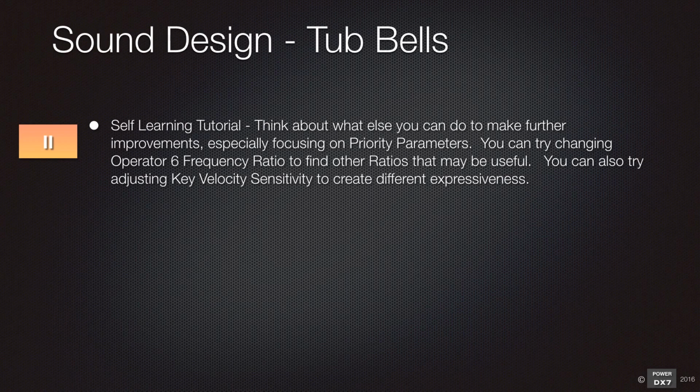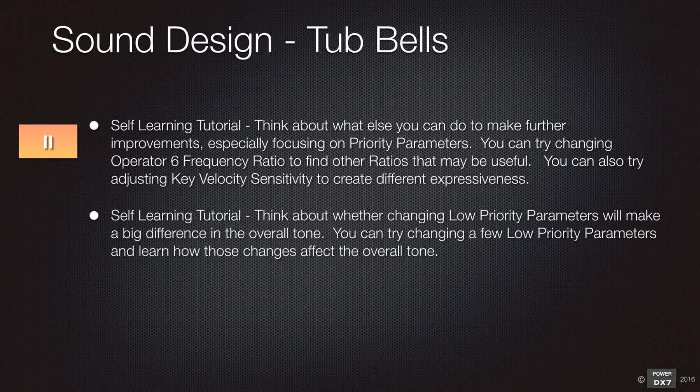You can also adjust key velocity sensitivity to create a different expressiveness. Also, you can think about whether changing low priority parameters will make a big difference in the overall tone. Does LFO make a difference? Can we use keyboard level scaling to adjust overall tone from lower to upper notes?